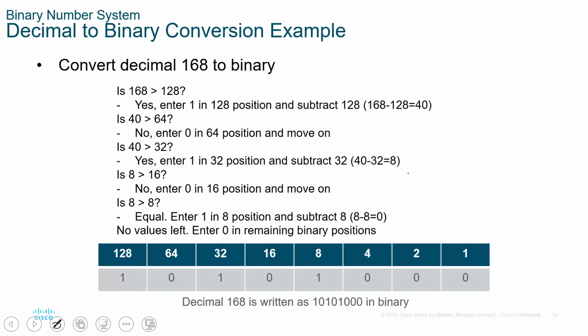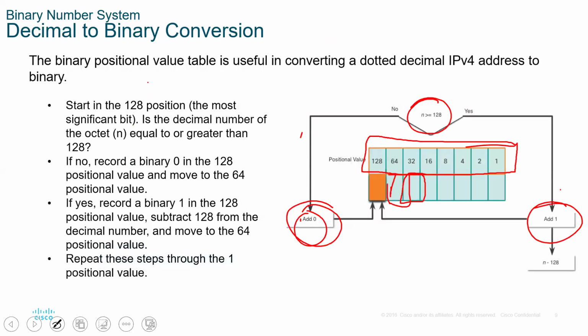So let's see the example. In the example here, it's saying is 168 greater than 128? So let's come back here. If I want to pick, let's say 168, I now say is 168 greater than this one here? I do the first comparison and the table says yes.